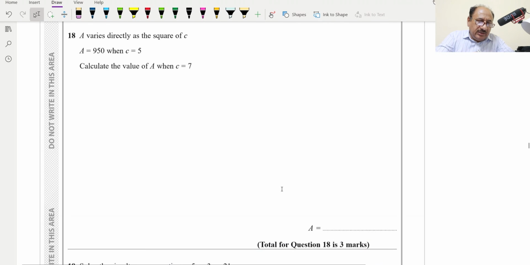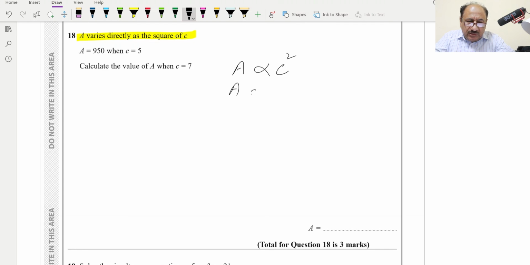Now question number 18. Question number 18 says A varies directly as the square of C. So we can write here A varies directly as square of C. It means like this. So A is equal to KC squared, and now we can use the given values.